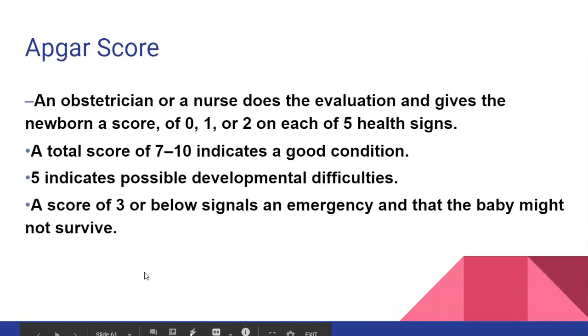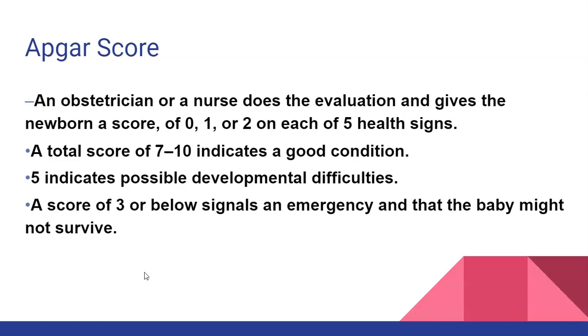On each of those health signs, we talked about respiratory effort, we talked about color, we talked about reflexes. The obstetrician or the nurse is going to give a score of 0, 1, or 2 for each of those 5 categories.